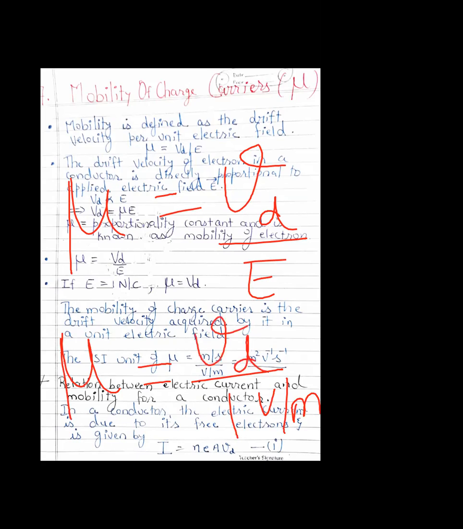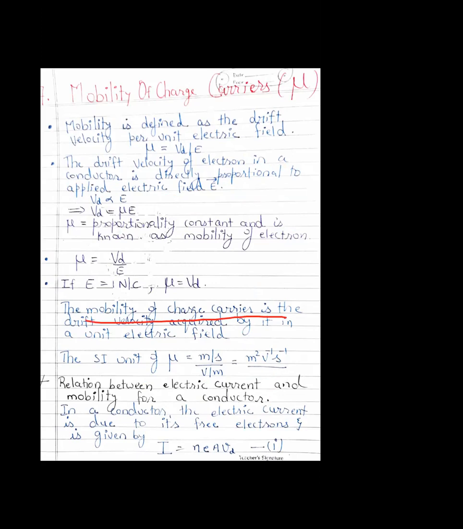So your mobility can be defined in terms of drift velocity. That is, the mobility of a charge carrier is the drift velocity acquired when the electric field is unit. When the electric field is unit, the drift velocity with which the electrons are going to move gives you mobility, right children?